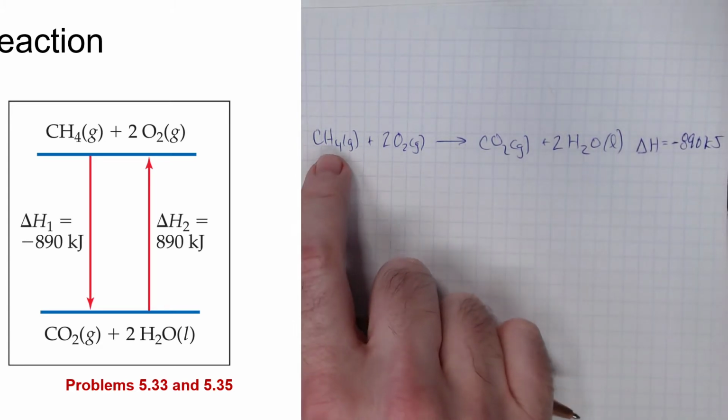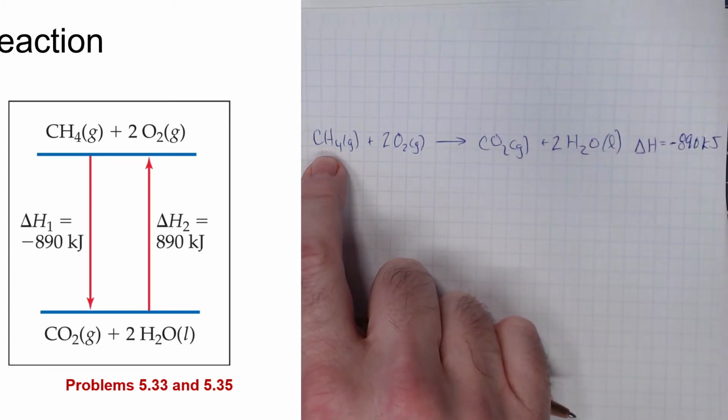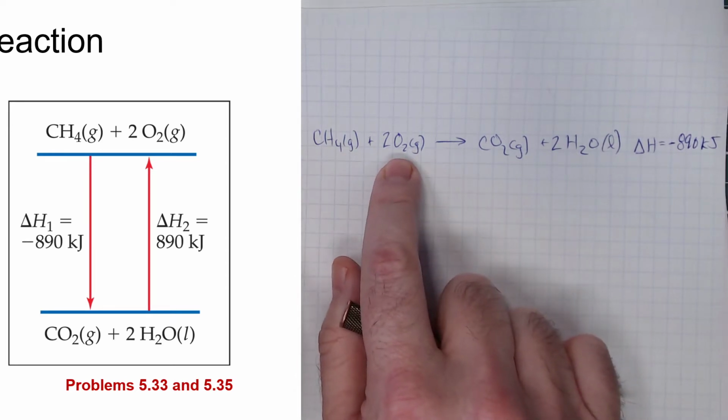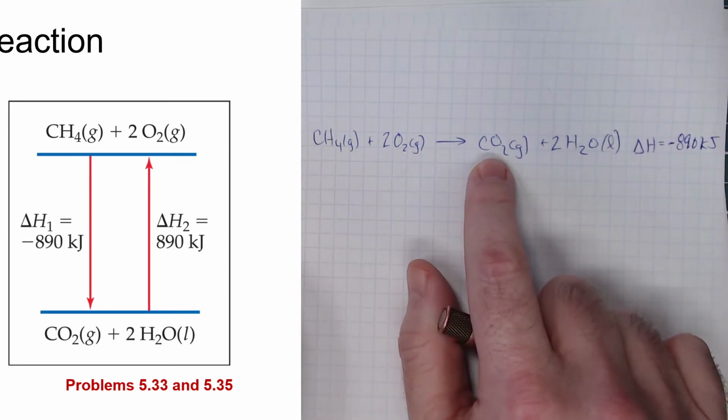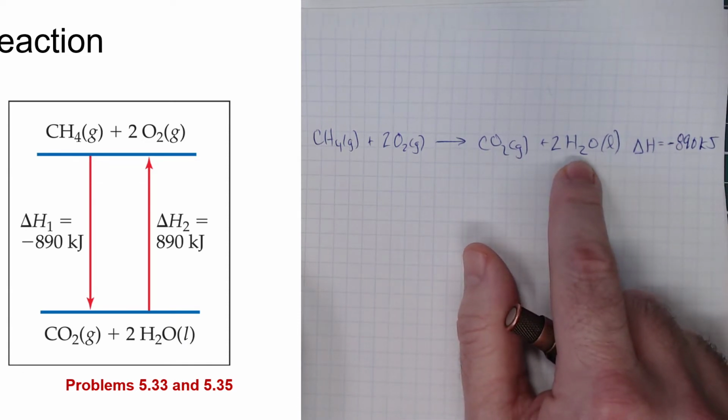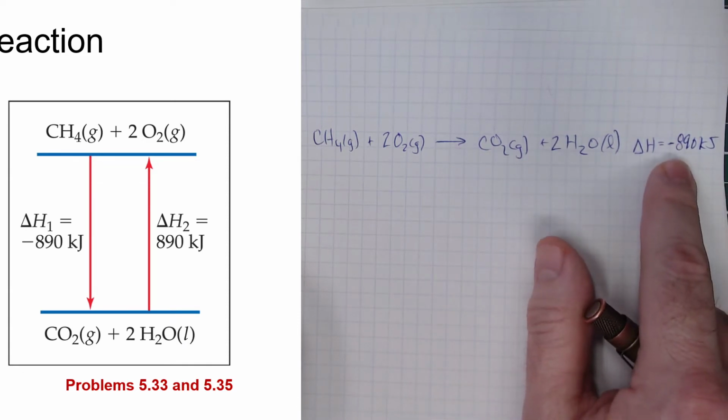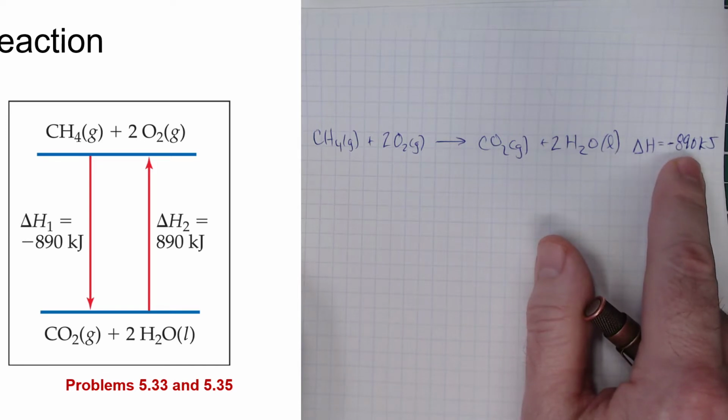What that means is if you burn 1 mole of methane in 2 moles of oxygen gas and produce 1 mole of carbon dioxide and 2 moles of liquid water, the delta H will be negative 890.